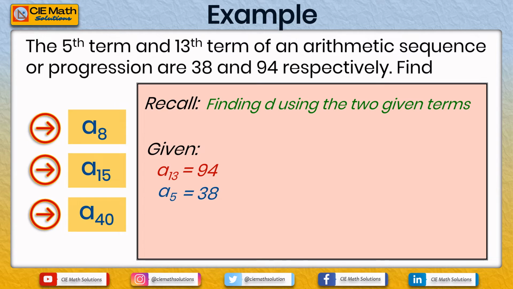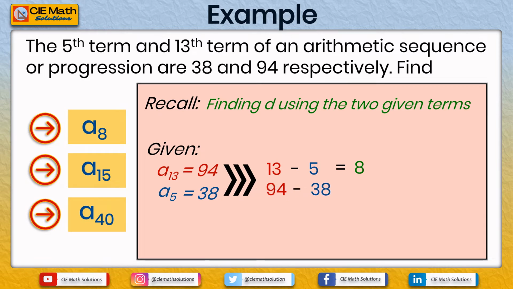We will then subtract the orders of the terms, that is, 13 minus 5, which is equal to 8. There are 8 d's then added from A5 to A13. Subtracting the terms, we will have 94 minus 38.